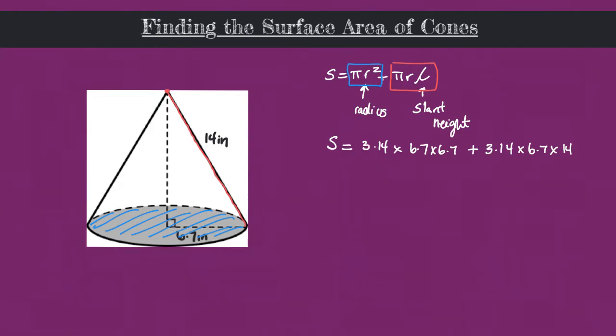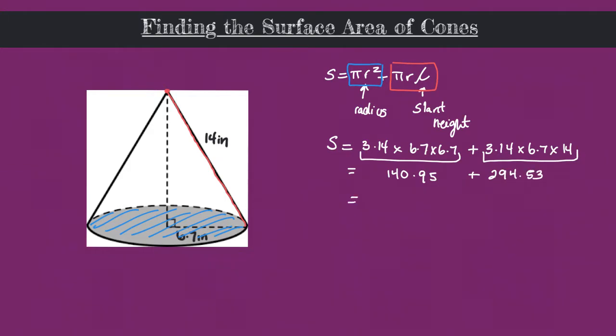So with that being said, let's put these values into our calculator or into your brain if you have that ability. What you'll get for the first part of our formula is 140.95, added to the second part of our formula, which is the area of the lateral face, the part of our cone that we hold if we get ice cream, and that is 294.53.